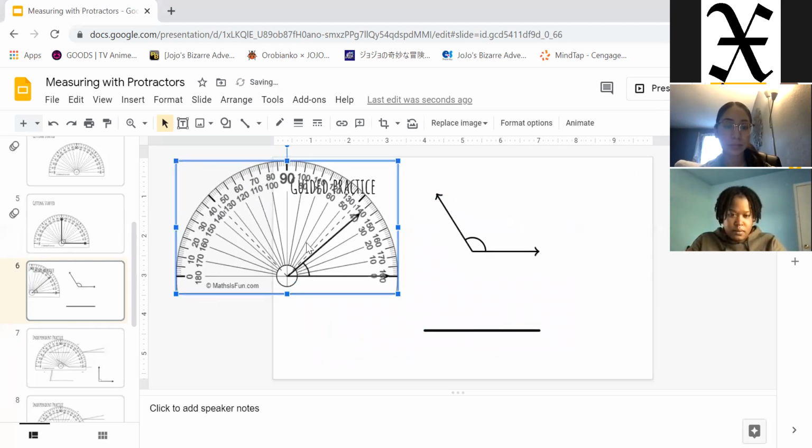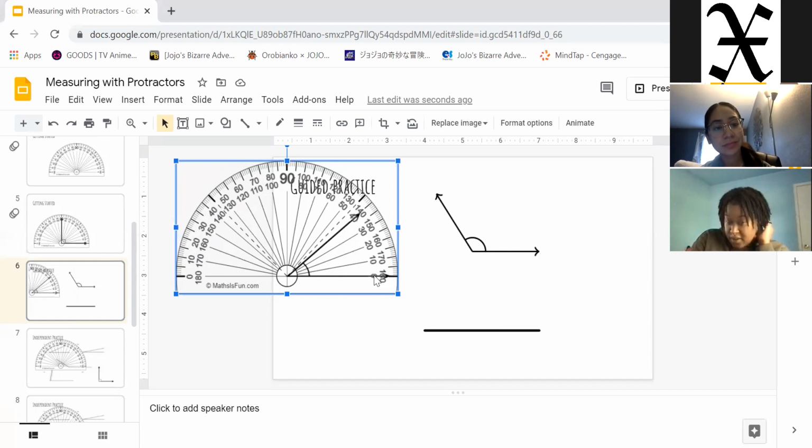All right. And is there anything else I need to line it up with? I think the bottom line of the protractor. Yeah. But I have a question for you. Does it have to be the bottom line? No, it could be the other one too, right?